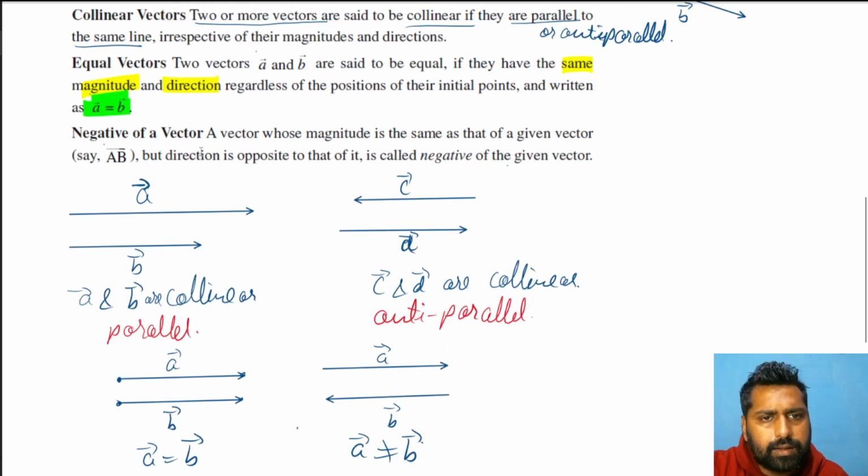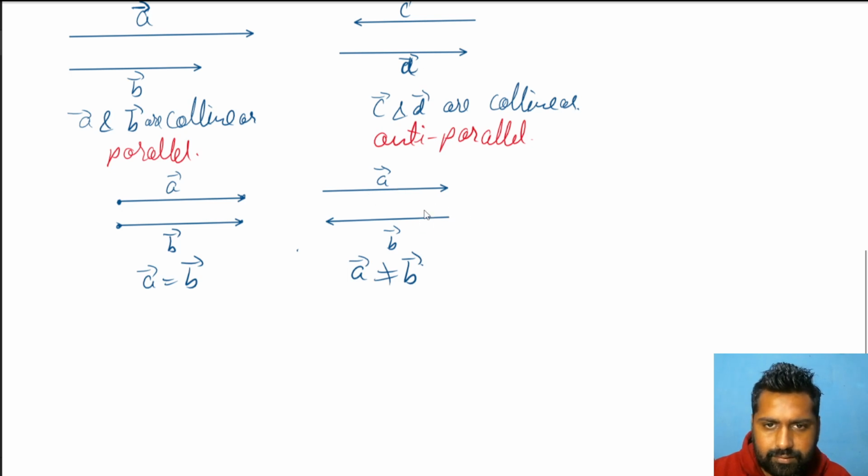Next is the negative of a vector. Now negative means same magnitude, it's just that you change the direction. The negative of a vector is opposite in direction. Magnitude should be the same, direction should be opposite. So actually this is the case for the negative of a vector.